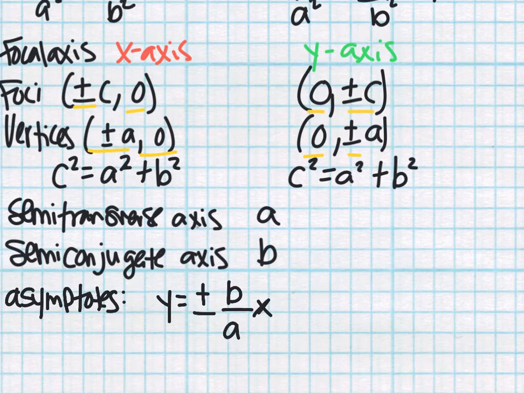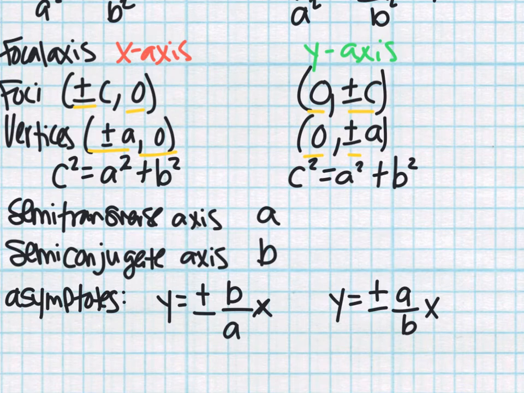And then for our y-axis focal axis, or vertical one, we have y equals plus and minus a over b x. So your a and b switch places depending on which direction it's pointing. So those are our major key points for a hyperbola with center 0, 0.